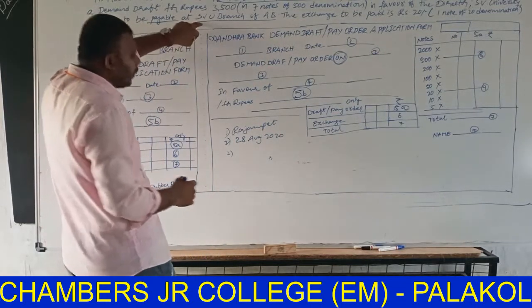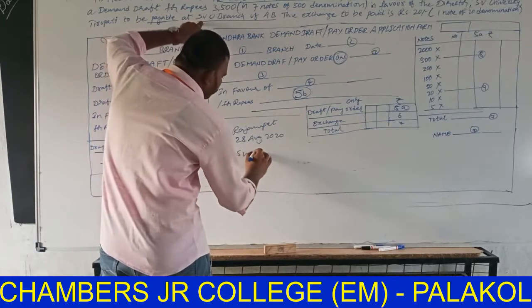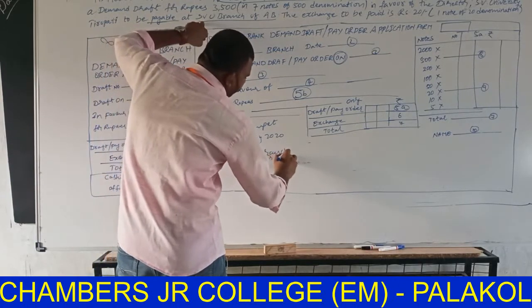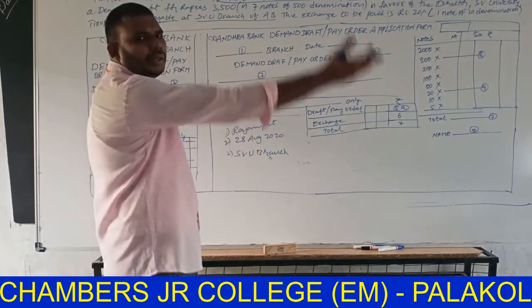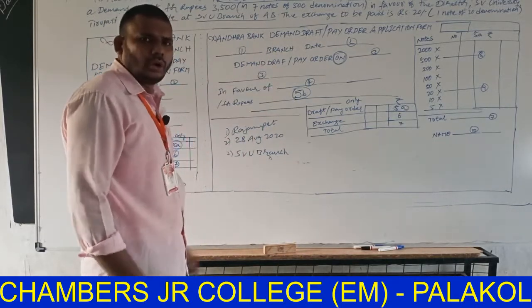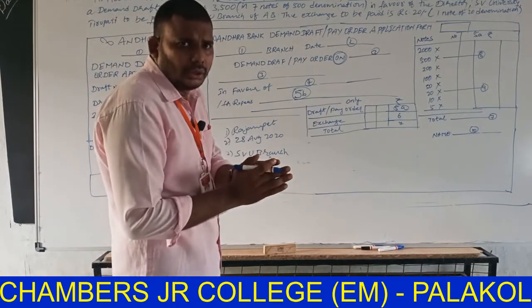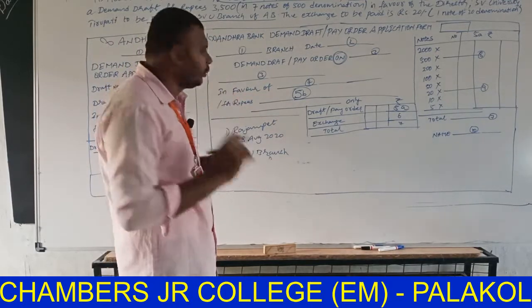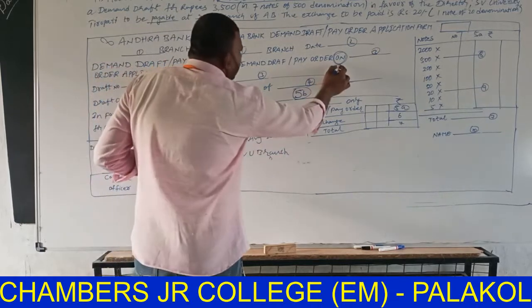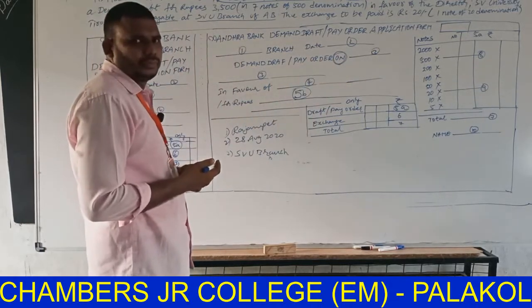Payable at SVU branch. SVU branch. Here SVU branch is considered as payable because the amount is to be payable at SVU branch. Hope you got the clarity between approacher branch and payable branch. But you need to remember the column on indicates payable branch.